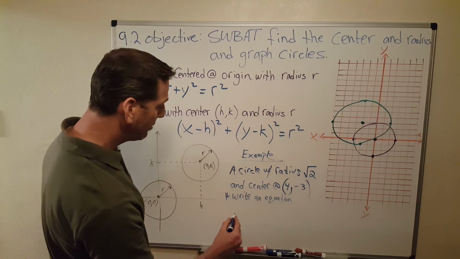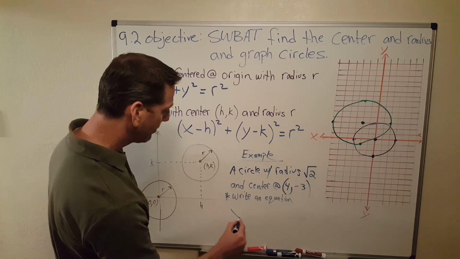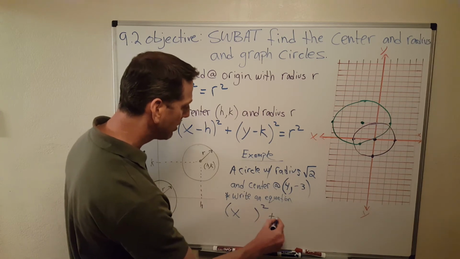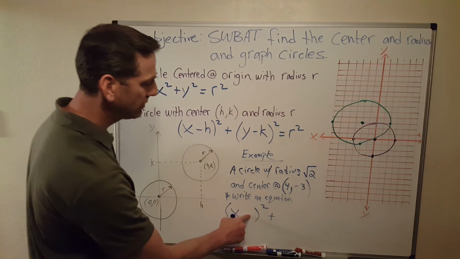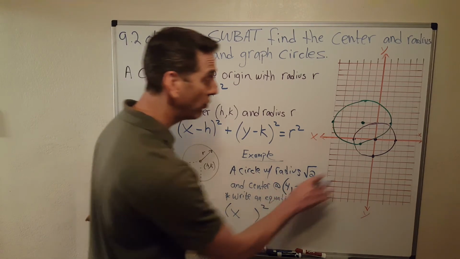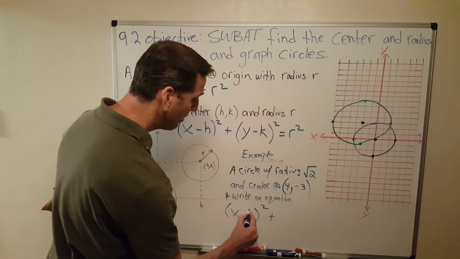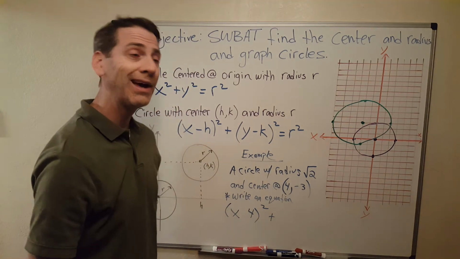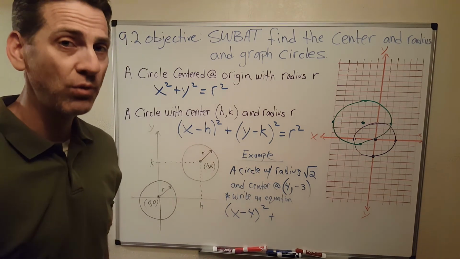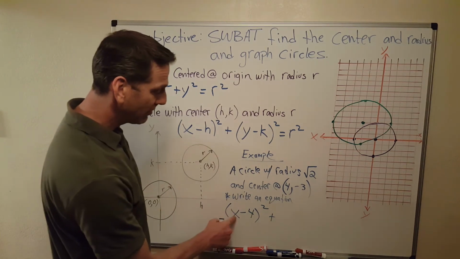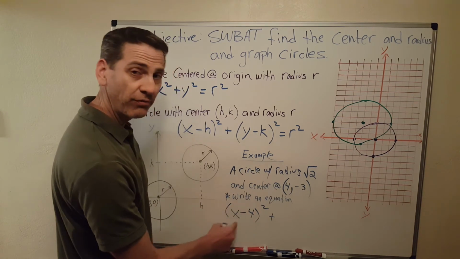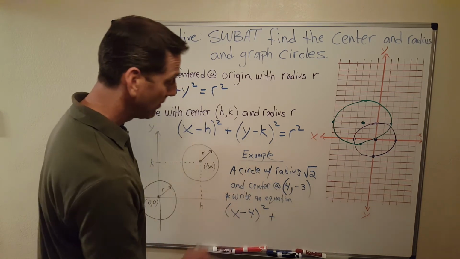Okay, what's going to be my horizontal shift? Well, my horizontal shift is +4, right? 4 to the right. But remember, in order to show that, you've got to think the opposite. It's going to actually be -4, because 4 minus 4 is 0. So x needs to be 4, positive.